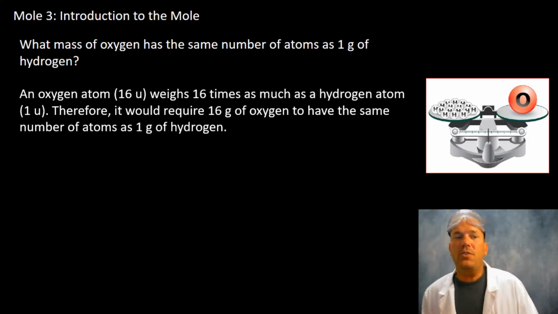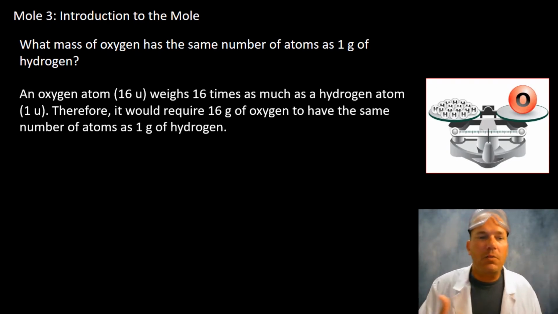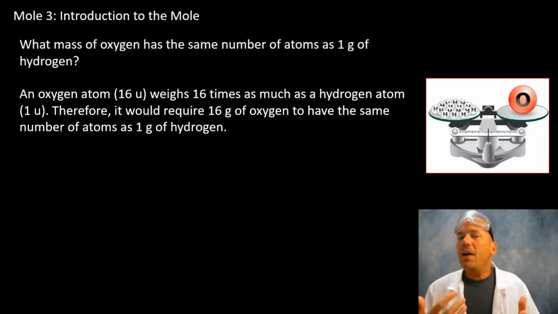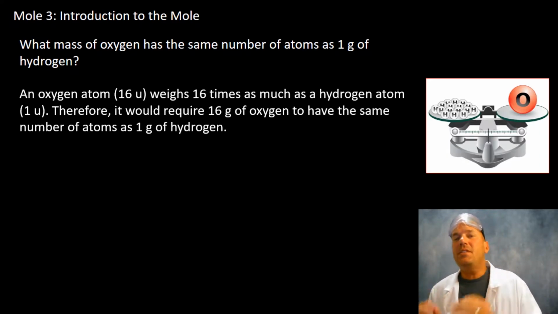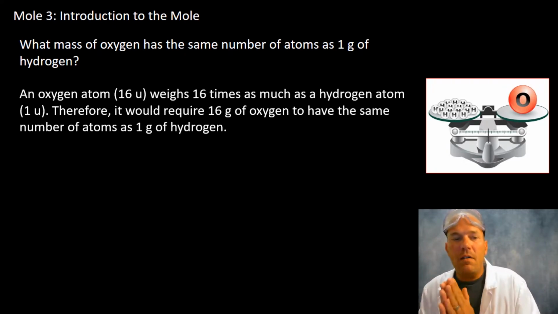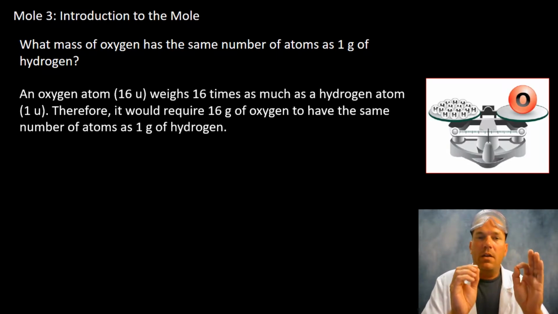Okay, so we're going to look at this 16-to-1 ratio here. So it requires 16 grams of oxygen to have the same number of atoms as 1 gram of hydrogen.